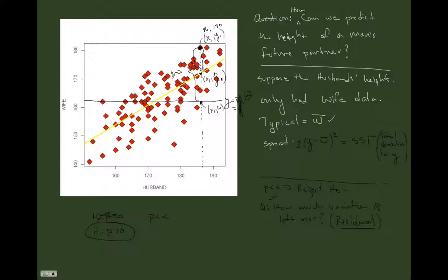This component left over is the residual. The distance from the point down to the best fit line is the residual, and the distance from the point down to the average is the explained.